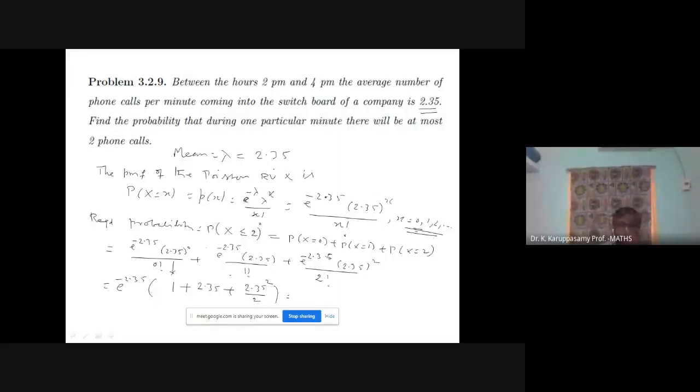So I can simplify this problem. If you are having a calculator, you can take the calculator. I will explain how to use the calculator to get this number. First, type e power minus 2.35. How can I do it?